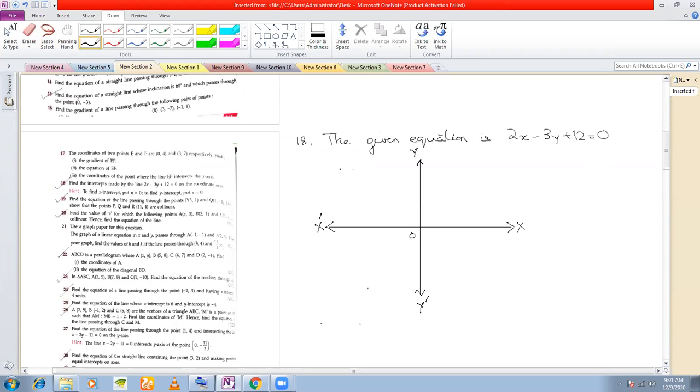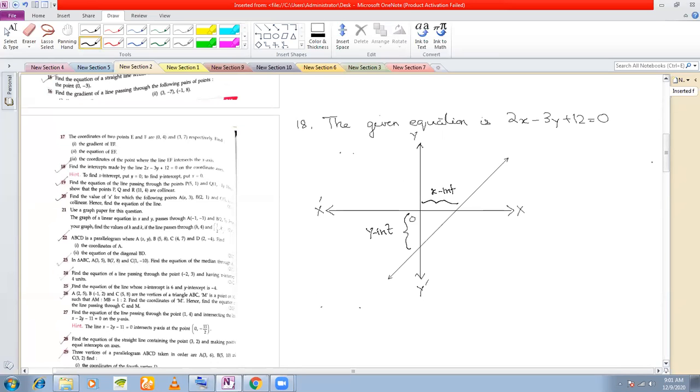Suppose the straight line looks something like this, then what are the x and the y intercepts? This is called my x intercept, and this distance is called my y intercept. So this is the concept of x and y intercept.